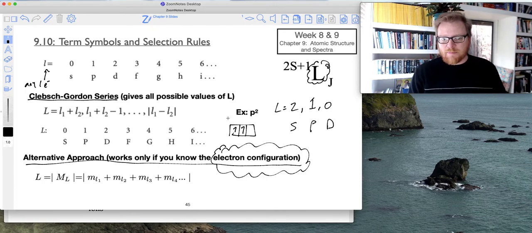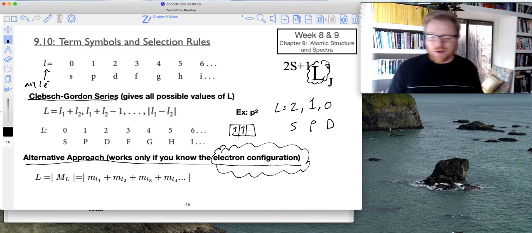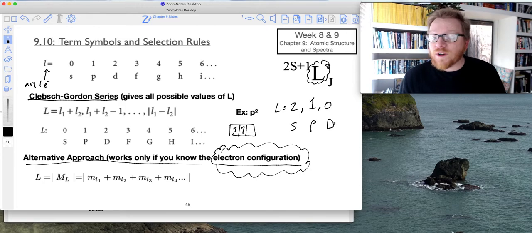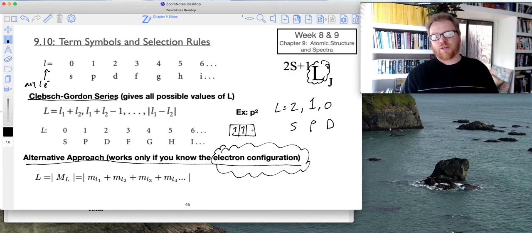And so what I mean by that is it could be in this configuration here. It could be with 1 electron on the left, and we skip a block, and then we put 1 electron there. It could be with both of those electrons paired. S, P, or D could correspond to those, and we don't know which one it is unless we know the electron configuration.